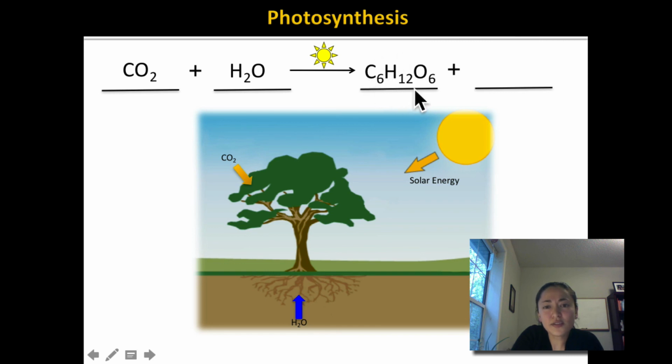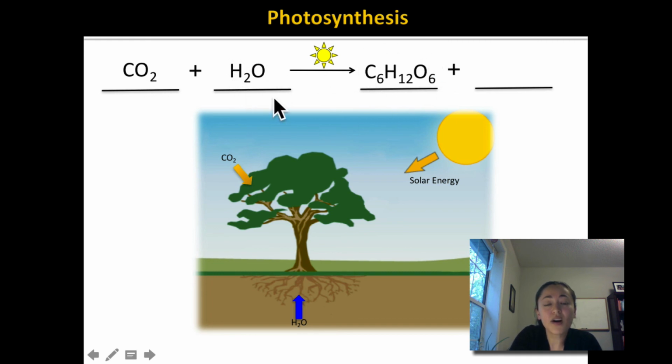And if you look at glucose, how does this differ from carbon dioxide? Well, you see that it has a bunch of hydrogens in it. So how plants do that is they actually break down water, they remove the hydrogens from water, and they add it to carbon dioxide. And that's how we get glucose.